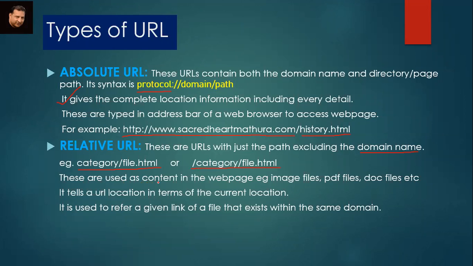These are used as content in a web page, for example, image files, PDF files, document files, etc. It tells a URL location in terms of the current location. It is used to refer a given link of a file that exists within the same domain.